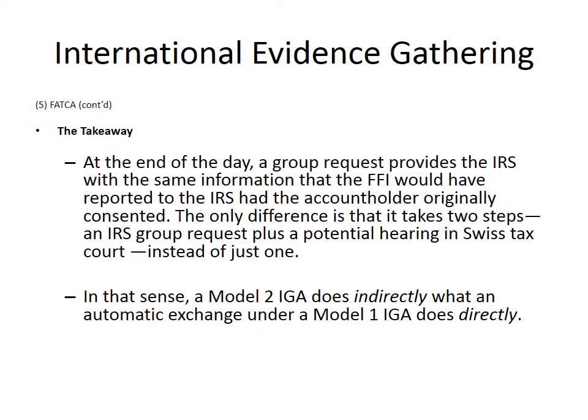At the end of the day, if the U.S. account holder continues to refuse or withhold their consent, then they can challenge the Swiss government's attempt to turn this information over to the IRS. Again, they are unlikely to prevail. So a Model 2 does indirectly what an automatic exchange under Model 1 does directly.